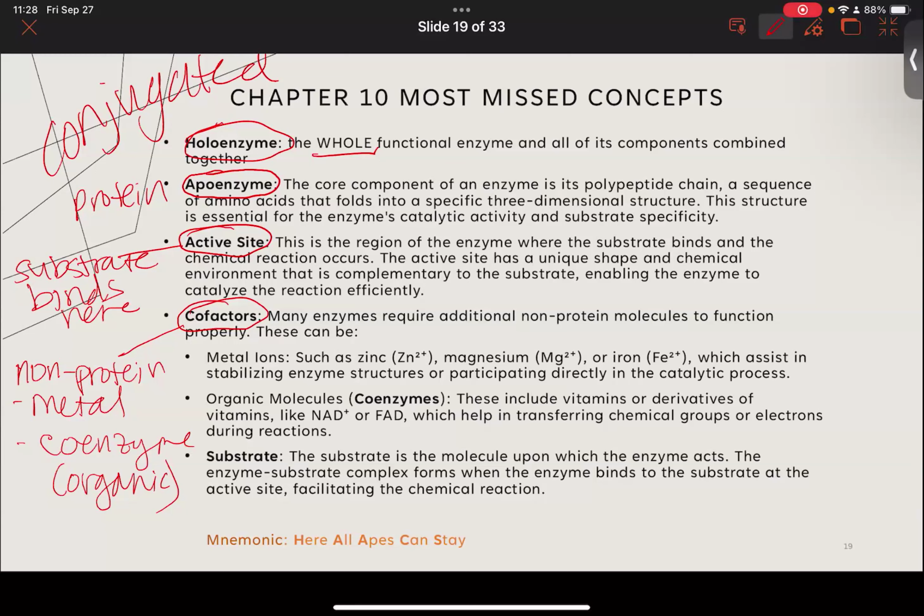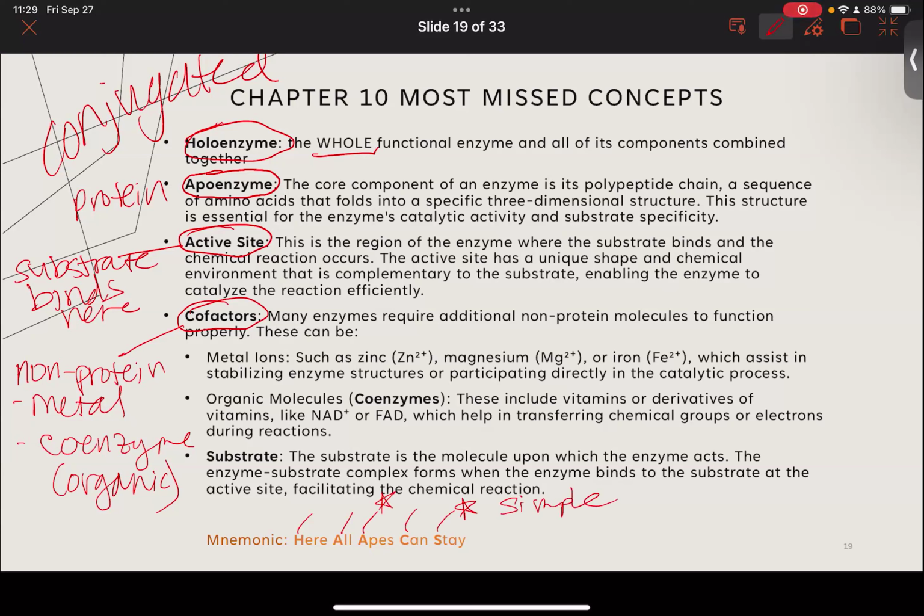Cool. So here, all apes can stay. Holo, apo, active, cofactor, substrate. These are all the possible parts you can have of any enzyme. The active site and the substrate are involved in the simple.